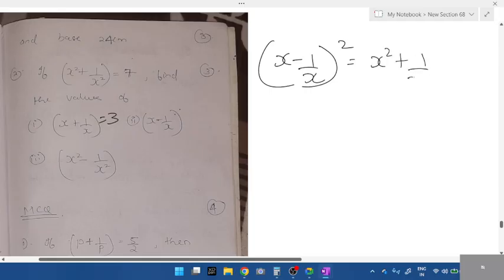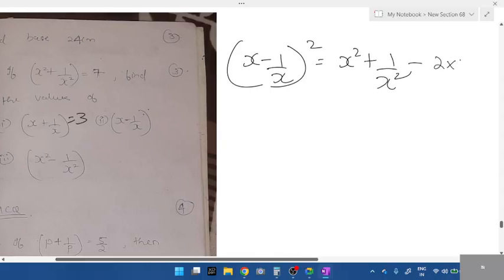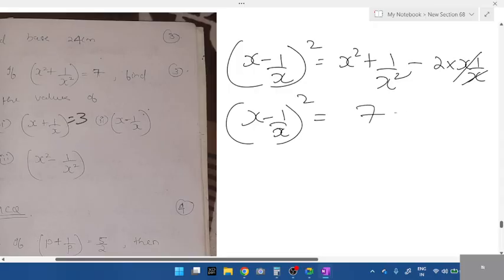x square plus 1 by x square minus 2 into a into b. What is x minus 1 by x? We need to find it. Keep it as it is. Tell me next one. What is x square plus 1 by x square? Once again, 7 minus 2. So x minus 1 by x square is equal to 7 minus 2, which is 5.